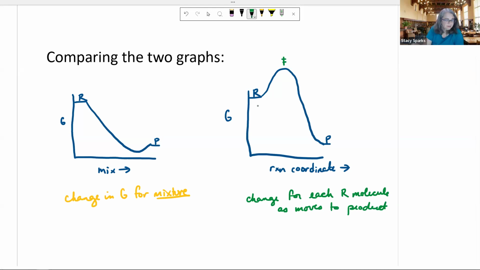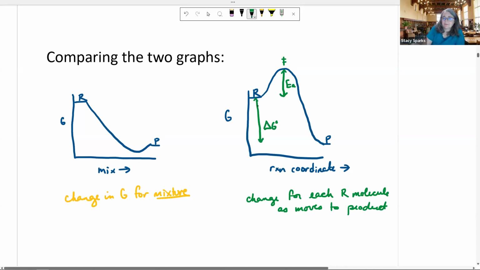So over here on the right, we're really looking at each individual molecule. We can identify some things. You'll remember we have our activation energy, right? And then we still have our standard Gibbs free energy change.